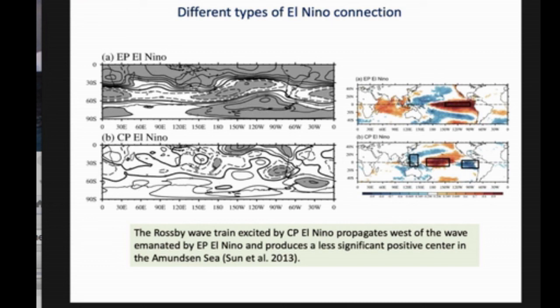Is there a simple explanation? Because it seems like with the Central Pacific events, the convective anomaly is farther to the west, but the wave train is actually, especially at the latitude of the Amundsen Sea, off to the east. Yeah, I don't think they have a really good explanation. Seems like it's statistics. When I was reading this, I haven't really found a better example for separating them. It took me a long time to understand what they're talking about. They're actually talking about the non-significant trend, but it's in there.